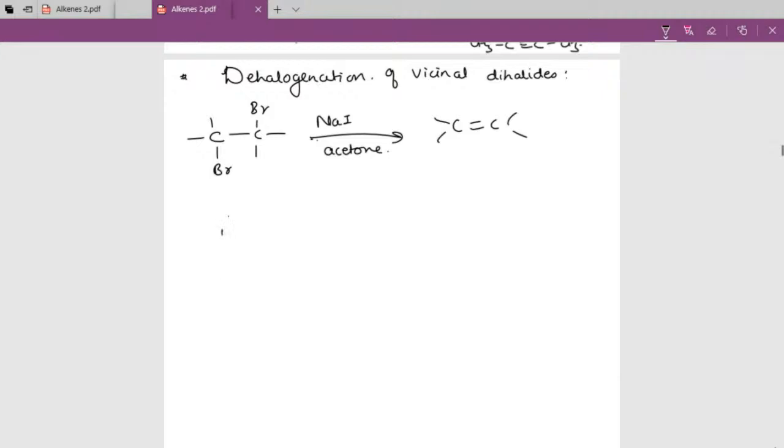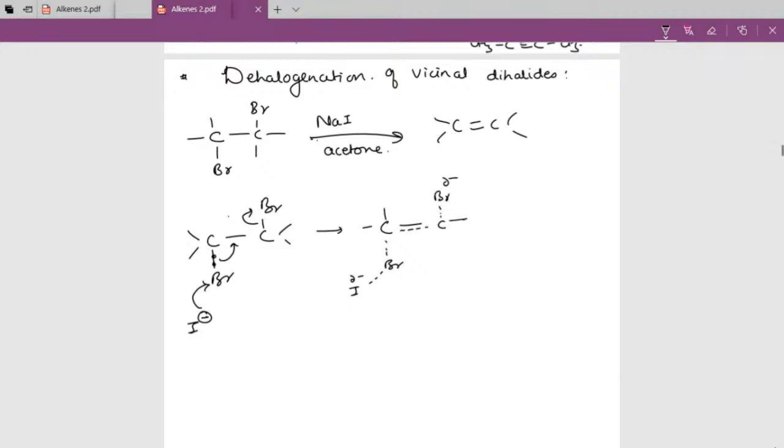Now this mechanism is also E2. And how does it proceed? It proceeds somewhat like this: bromine, bromine, I- attacks the empty orbital of this Br, and the transition state like E2 is obtained, Br, iodine δ-, C, Br δ-.